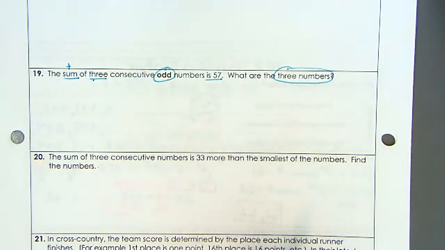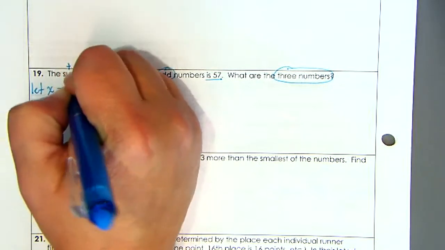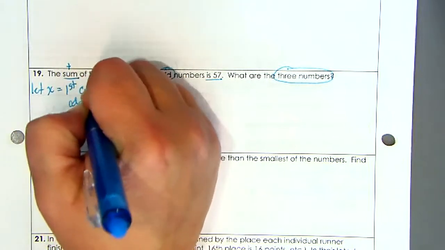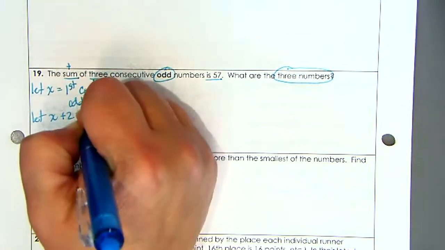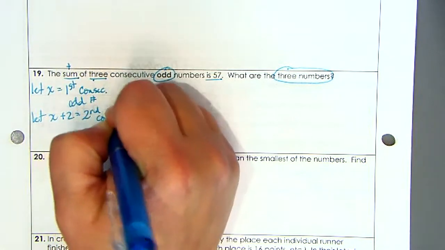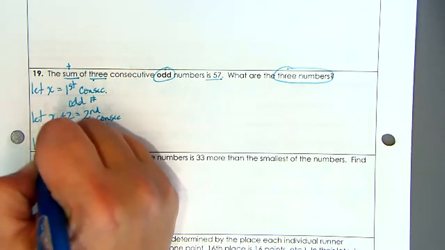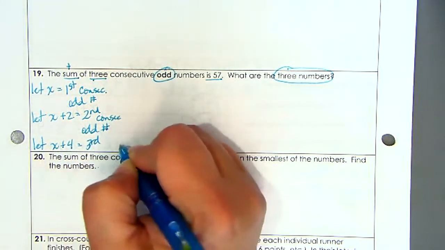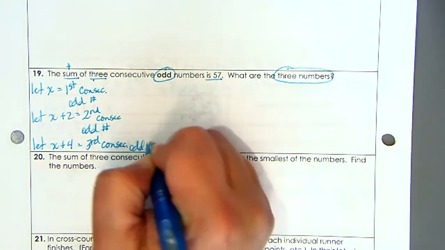So the first thing I've got to do is label my variables. Let x equal the first consecutive odd number. We're going to let x plus 2 represent the second consecutive odd number. And then we let x plus 4 represent the third consecutive odd number.